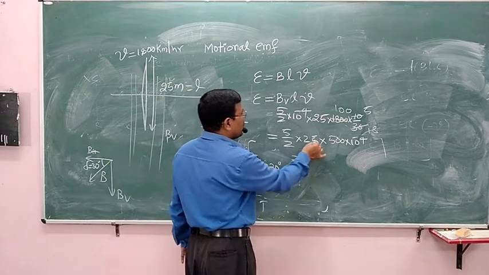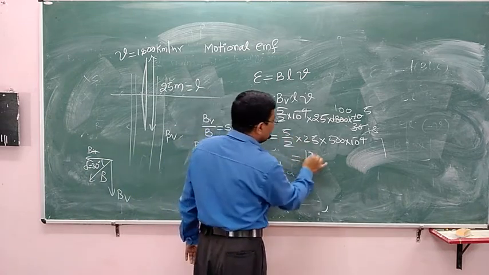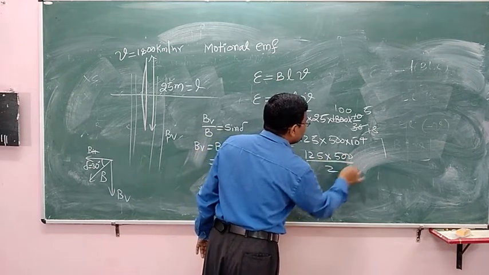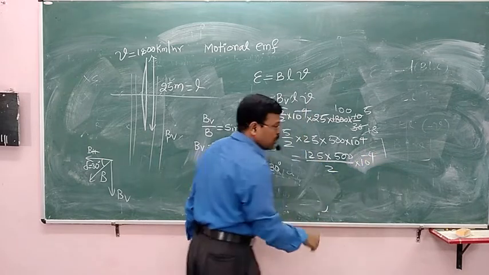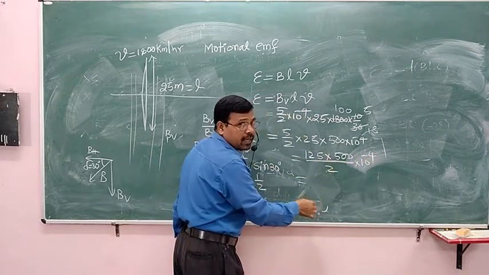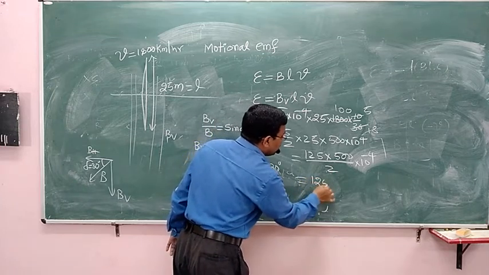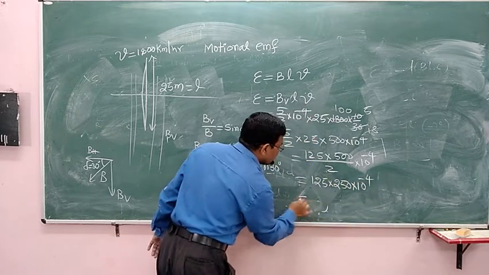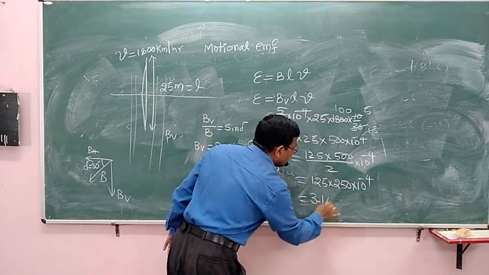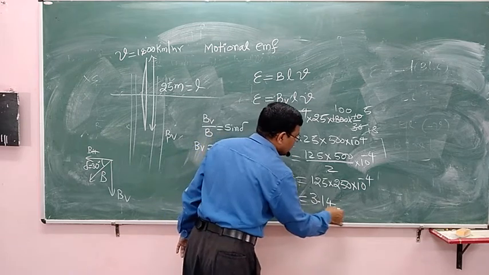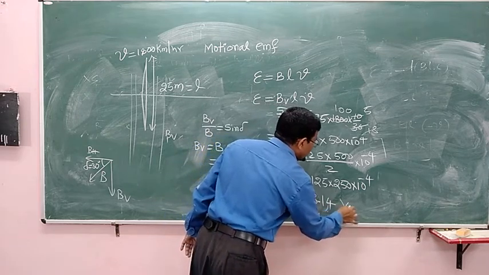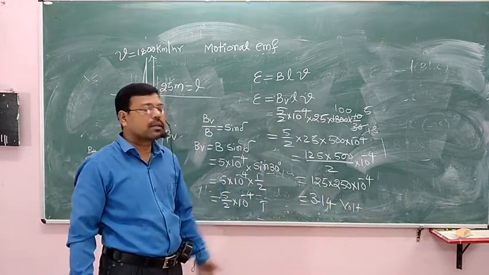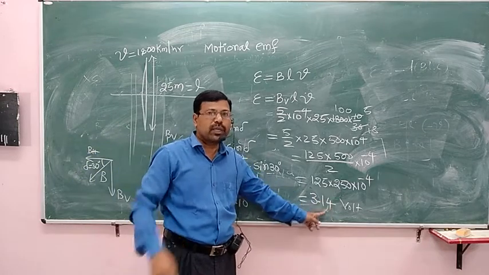Okay, this you can do. 25 fives are 125. 125 into 500 divided by 2 into 10 raised to minus 4, and 500 by 2 is 250. So 125 into 250 into 10 raised to minus 4. It comes around 3.14 volt. Nearly 3.14.